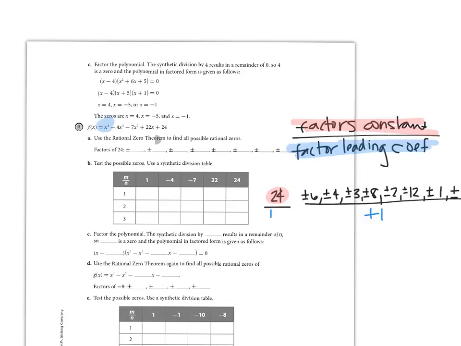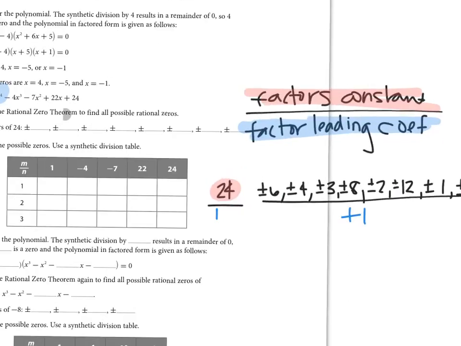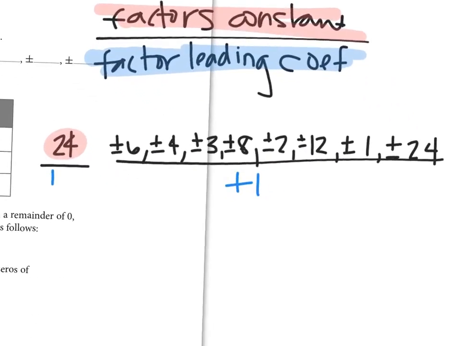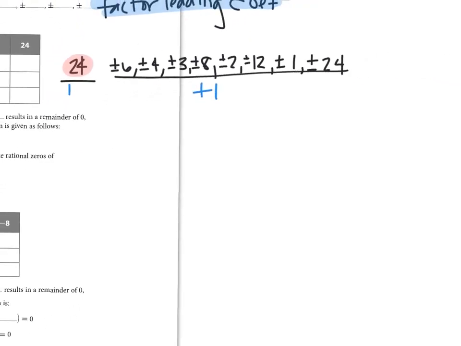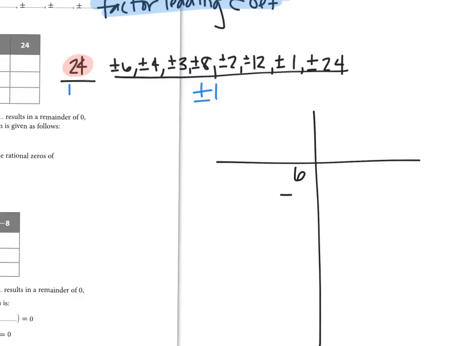Okay. So if I actually do some math here, let's make this long table. If I divide, 6 divided by 1 is 6, or negative 6, so 6, negative 6.